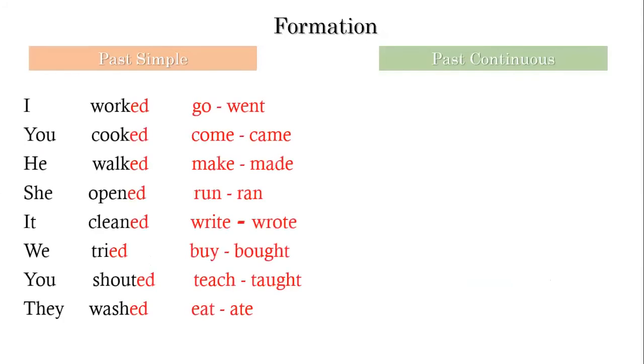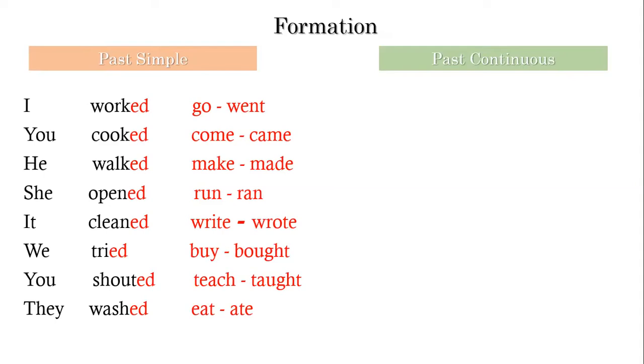So here in this page, we are going to discuss the formation of past simple and past continuous. As you know, there are two types of verbs, regular and irregular verbs. So let's first talk about regular verbs. For example, in your past simple sentence, you have a regular verb. What do we do in this case? In this case, we just add ed. It's very easy. So if your verb is regular, you just have to add ed. For example, you cooked, he walked, she opened.